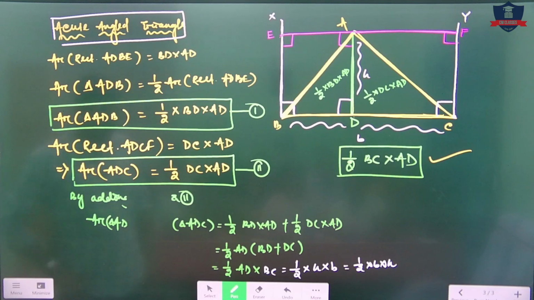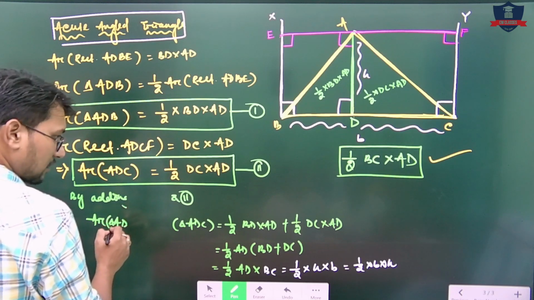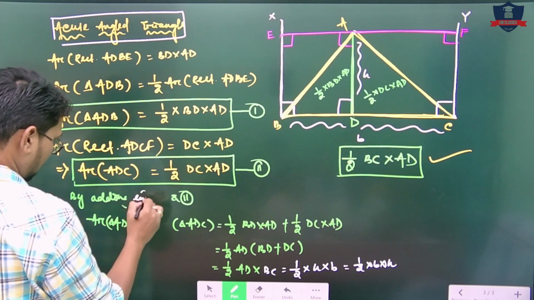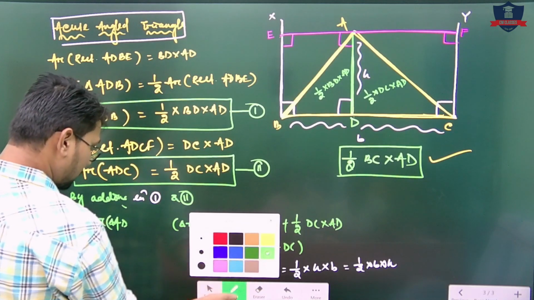Half into area, by adding equation 1 and 2, here we have to write what?